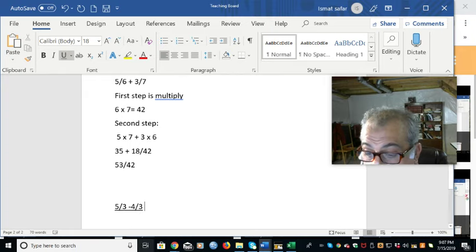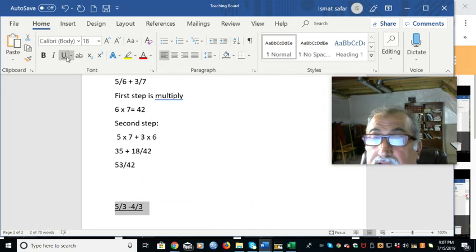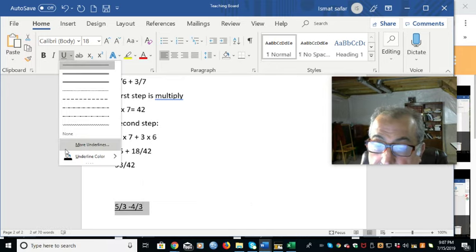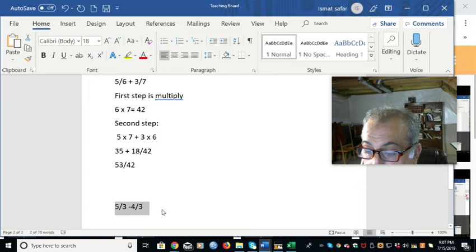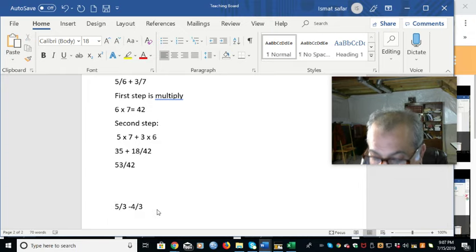See, those have the same denominator at the bottom, and that's easy, right? So the answer will be what? On the bottom we put 3, right? The bottom denominator is 3, and then we subtract the upper numerators.